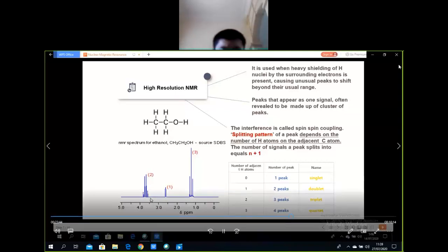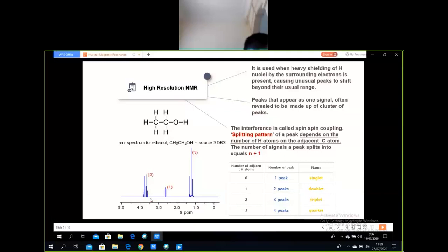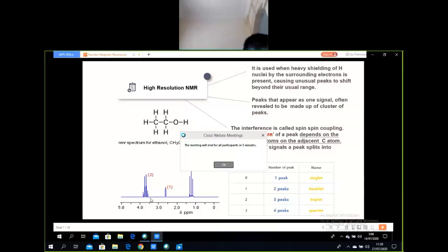As I told you, the OH is not split, as its hydrogen atom is constantly being exchanged with the hydrogen atom of other ethanol molecules and any water present. This results in a single peak. This corresponds to the high resolution.